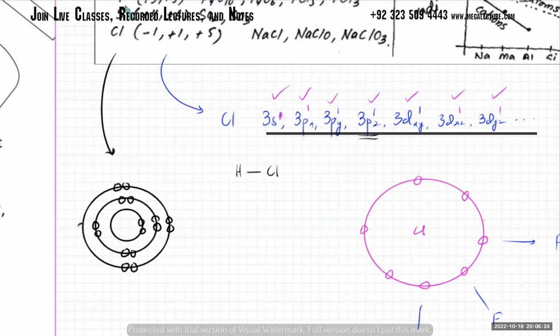What you've learned is that it needs 1 electron, but it doesn't actually need just 1 electron. Do you know the maximum number of electrons that can occupy the third shell? 18. In the third shell you can have a maximum of 18 electrons.